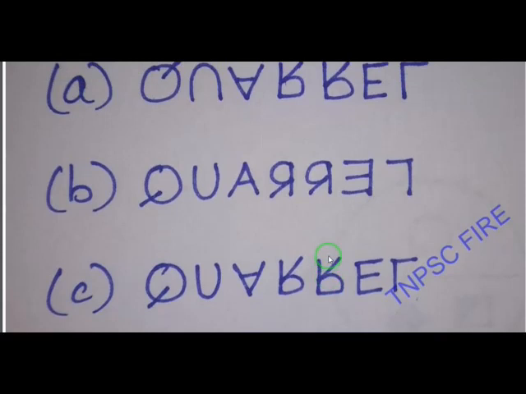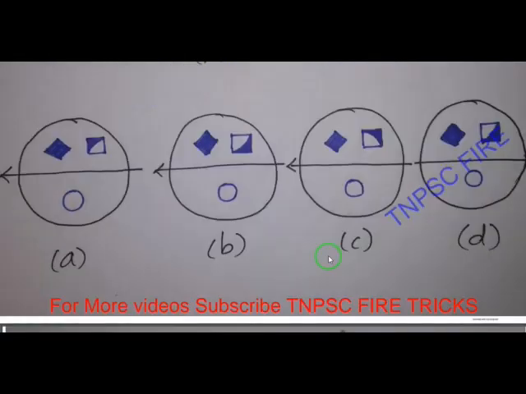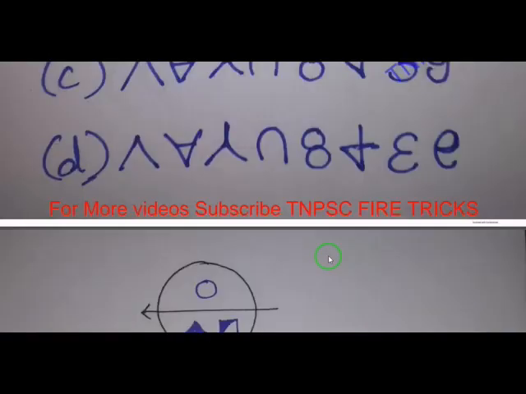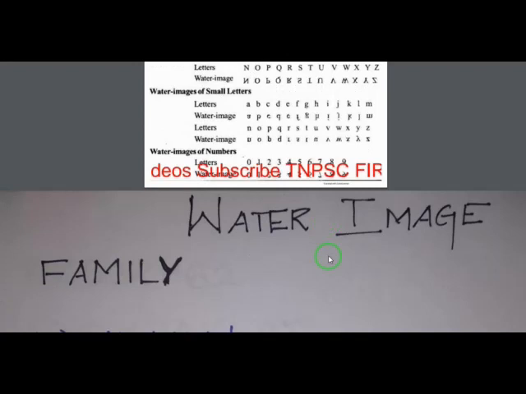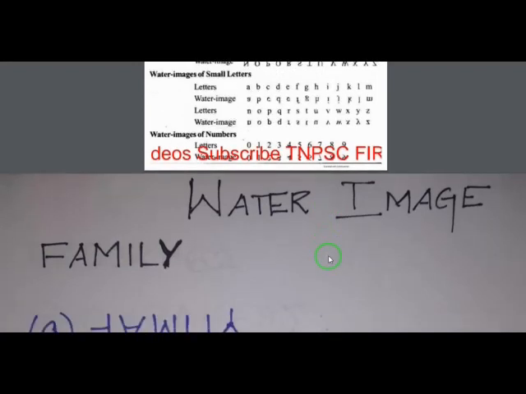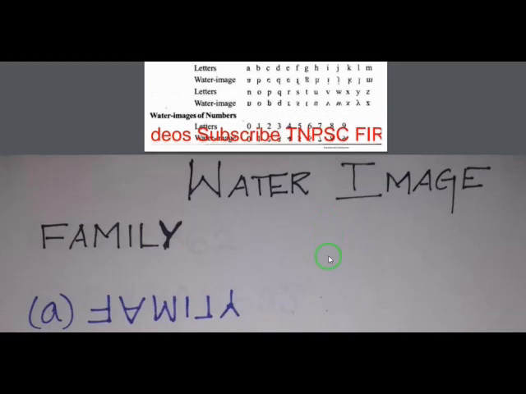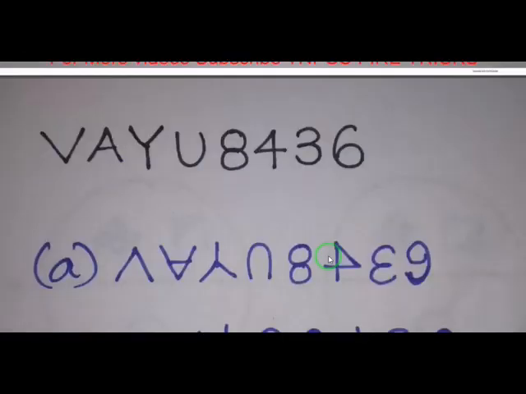Now I am giving 3 questions for you to solve using this technique.